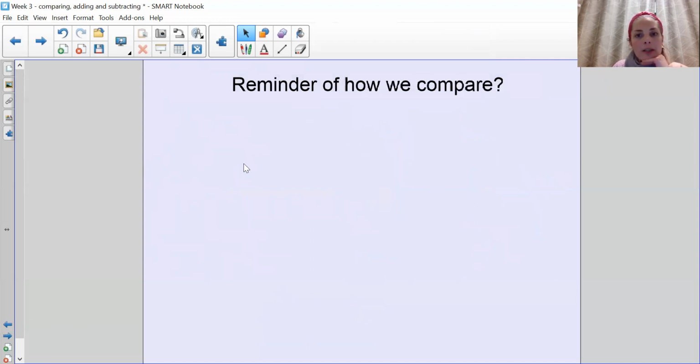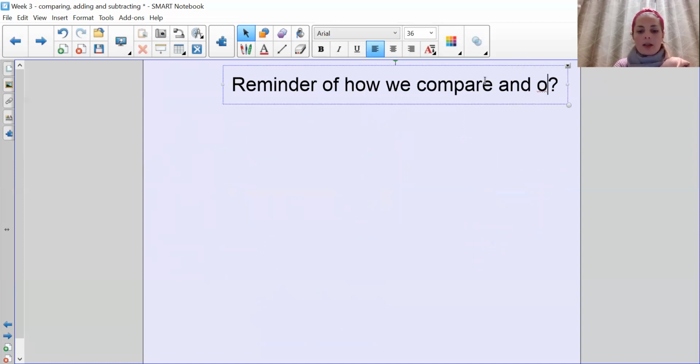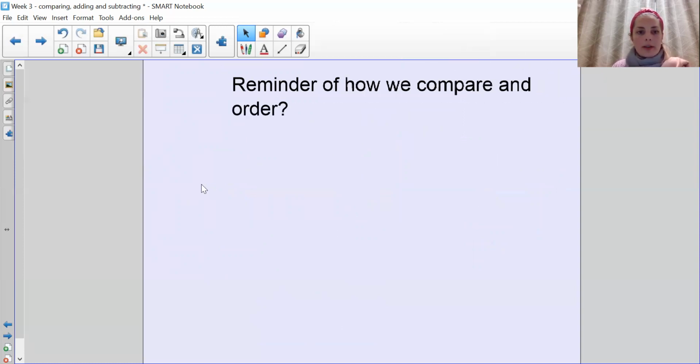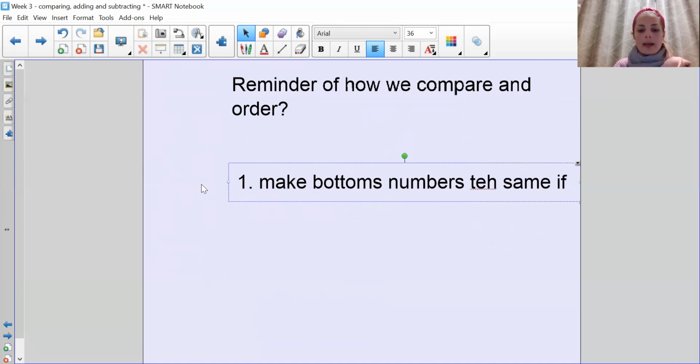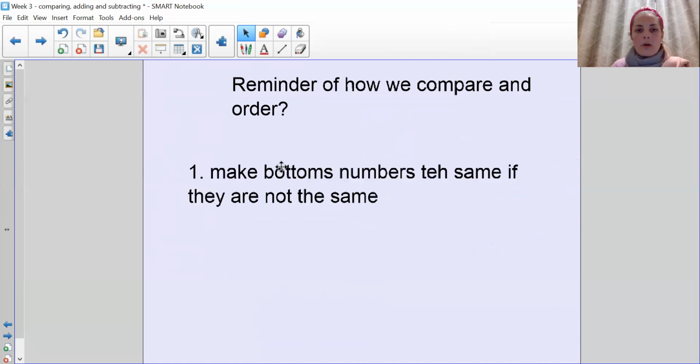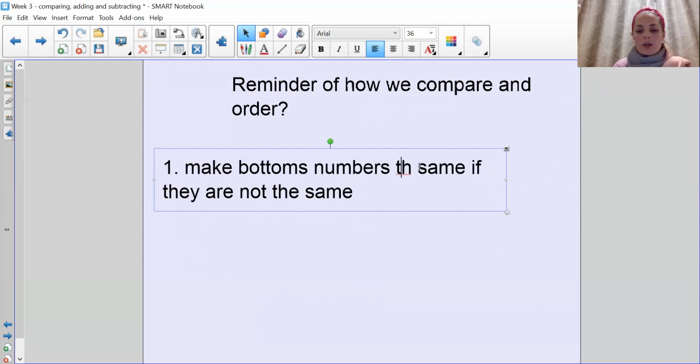Right, so just a reminder of how we compare numbers and how we order them as well. First of all, number 1 is make bottom numbers the same if they are not the same. I can tell you right now that all the bottom numbers today are not the same. So you then need to be changing them.